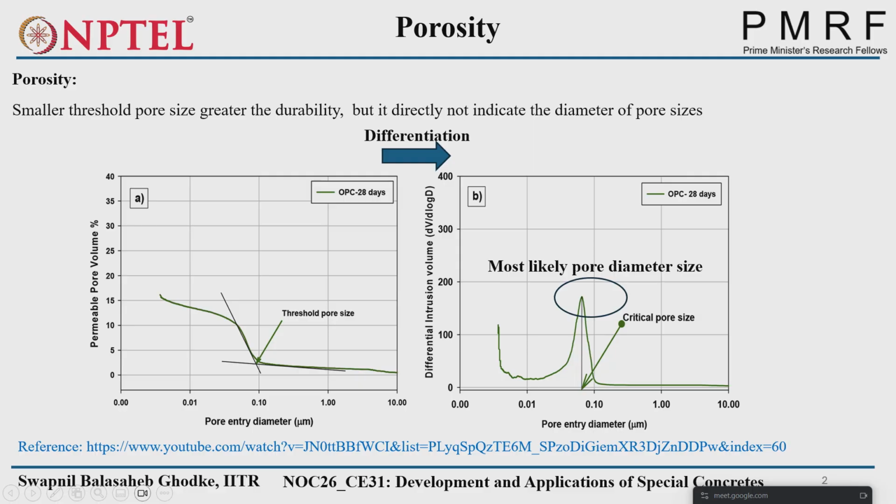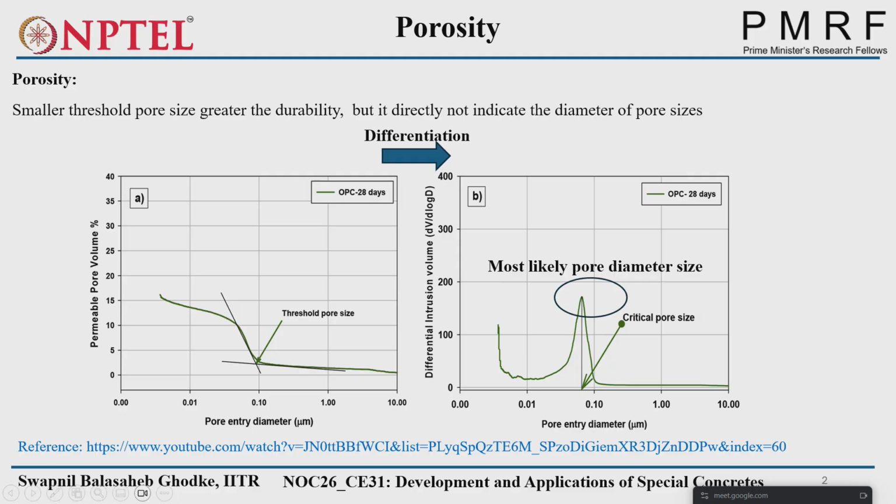Once we plot that graph, whatever peak we get indicates the critical pore size, where the maximum amount of pores have diameters of this size, along with the differential intrusion volume at that peak value.